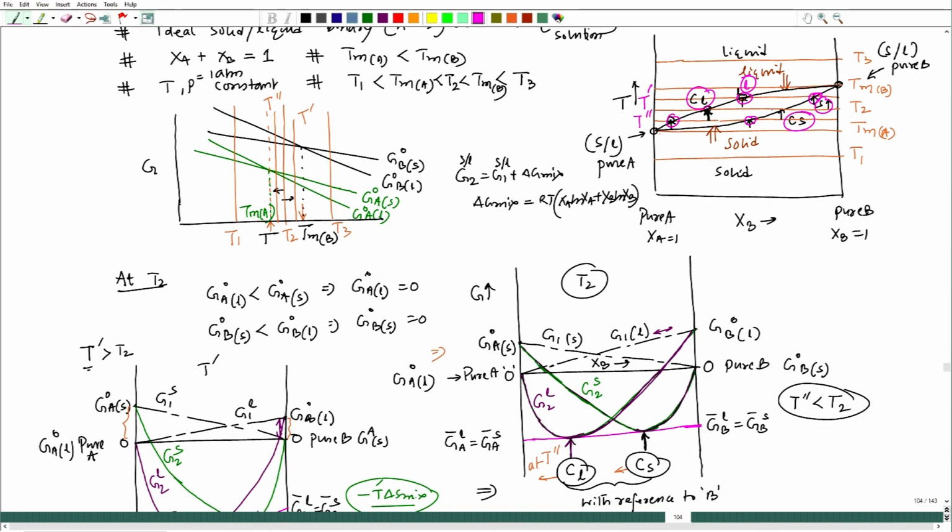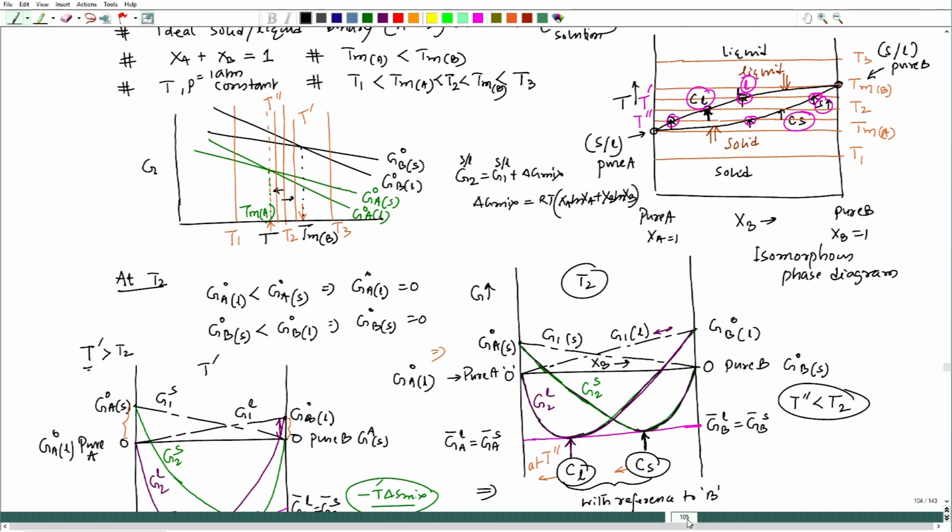Fine. So accordingly we are connecting those equilibrium points at different temperatures, and we see an isopid plot like this. This typical plot is called an isomorphous phase diagram.